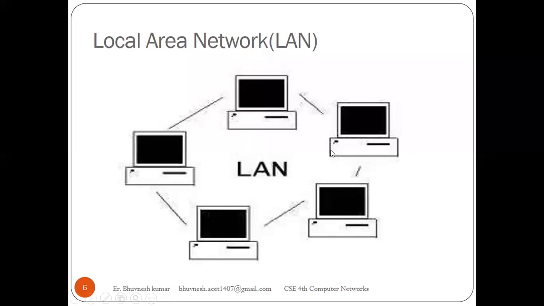It can be clockwise or anti-clockwise; you can create it in either form. This is the example of your local area network. These five PCs are connected with each other in a single room, and we can share a single file from one PC to different PCs.